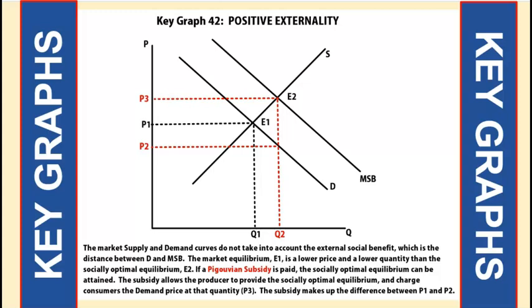Yes, the price is higher, but what a consumer actually pays is P2. What society pays is from P2 to P3. So actually everyone is benefiting as a result of this externality, of this benefit, of this flu shot or vaccine or whatever it is.